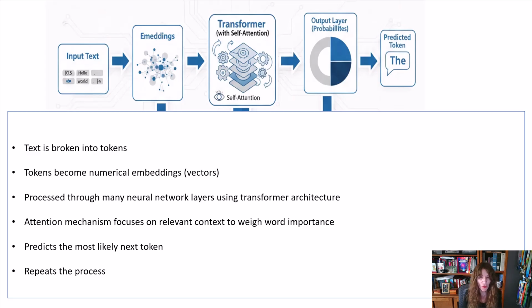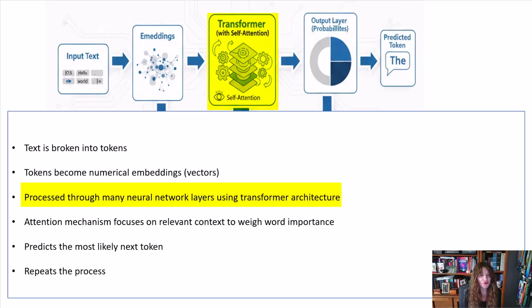I would like to go over a little bit of the technical process in which LLMs operate. We have this concept of the input text being broken down into tokens. The token is typically a word, or it could be a few words. The tokens become numerical embeddings, which are technically vectors.